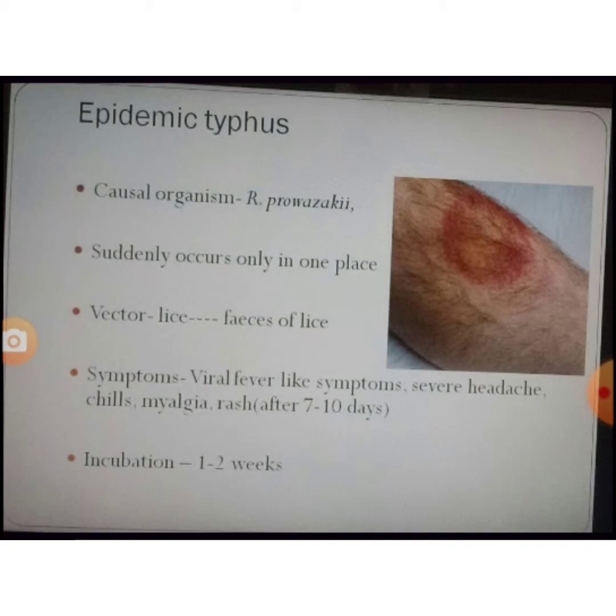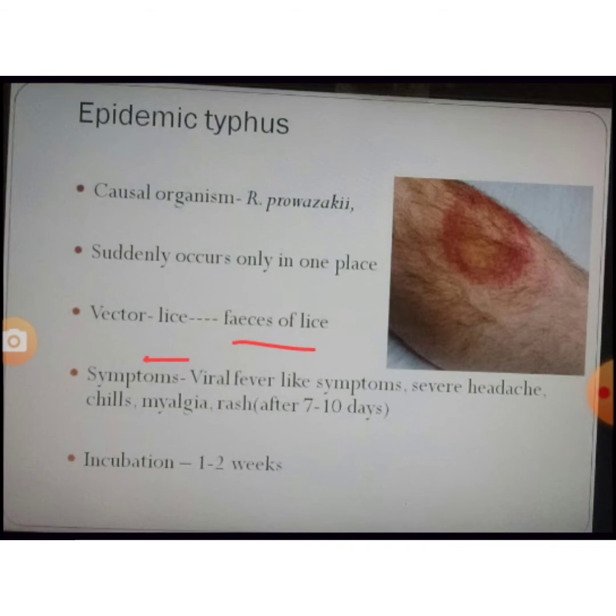It occurs suddenly only in one place, and it is restricted to a particular period of time. Its vector is lice or the feces of lice. How it spreads is, suppose a person is having head lice, and the lice is carrying this organism.